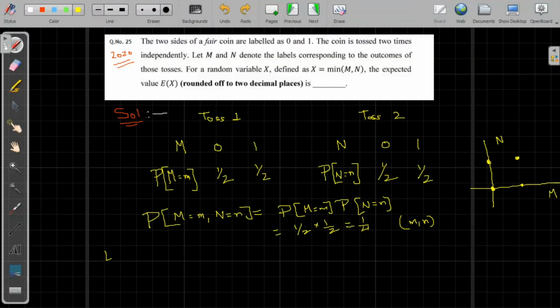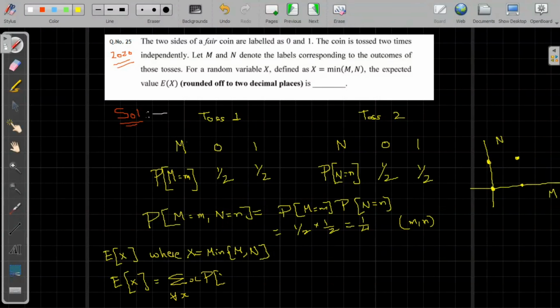So in the question he has asked about the expected value of x, where x is the minimum among m and n. So the expectation of x will be the summation over all values of x of x into the probability that capital X is equal to small x. So to calculate the expected value of x, we will need the PMF of x.